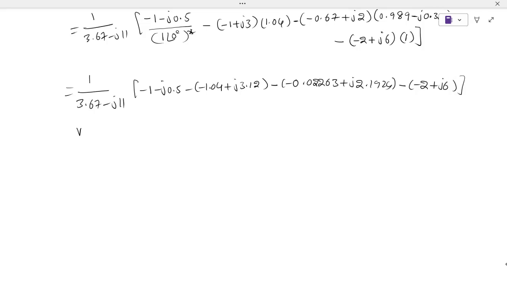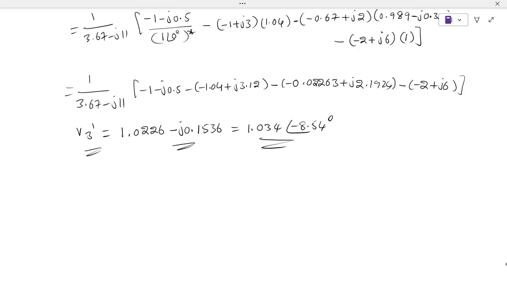Finally, the V3 bus 3 voltage at the end of the first iteration is 1.0226 minus j0.1536, that is equal to 1.034 at an angle of minus 8.54 degrees.